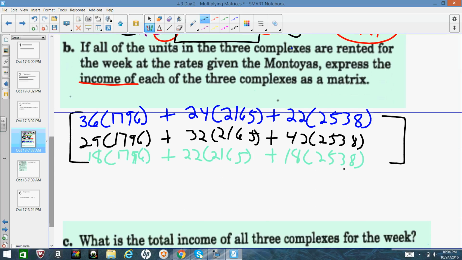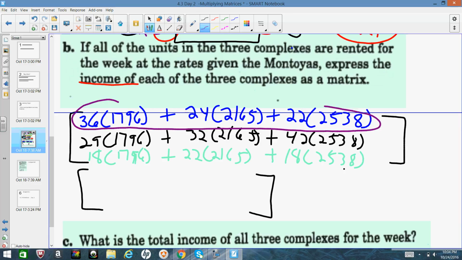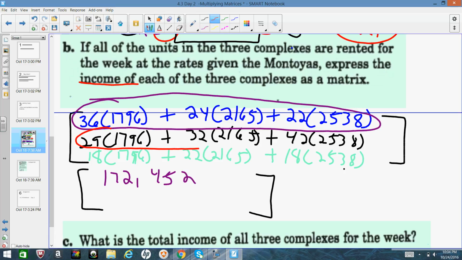So if I multiply the top rows, all these together, add them together, I'm going to get 172,452. If I multiply all these numbers together, add them together, I'm going to get 227,960.